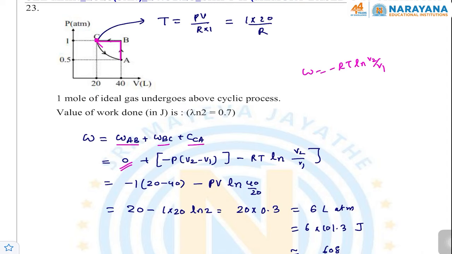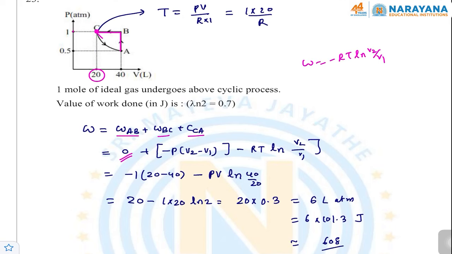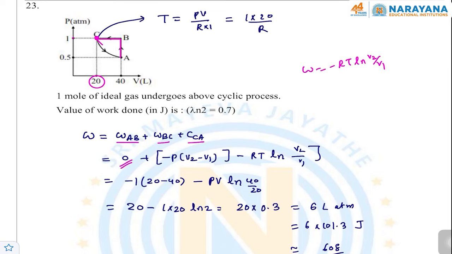We can calculate temperature at point C by using the expression PV equals nRT. Pressure is 1 atmosphere, volume is 20 liter, and moles of the gas is 1. So from this we can get the temperature.